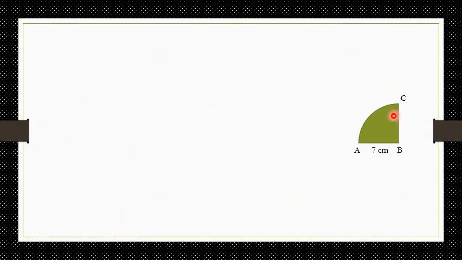Now we have a quarter of circle and we want to find the perimeter of that quarter. As we said before, the perimeter means the length of the line that outlines that shape.